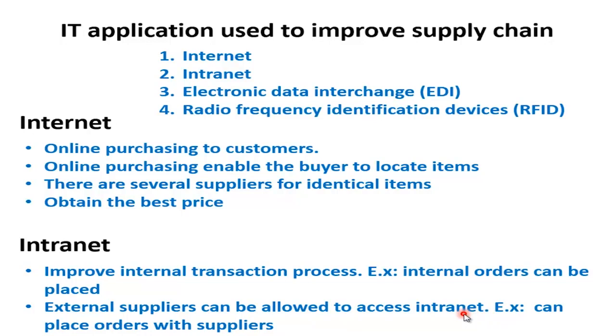There will be an application, one page that will be open for the suppliers. They will supply the order of the goods. So, the intranet is used for that purpose. Those are the IT applications.